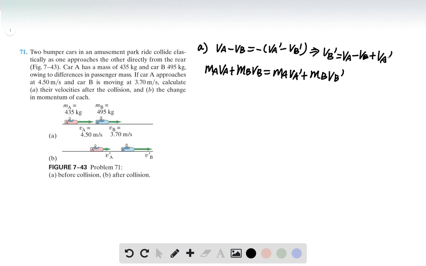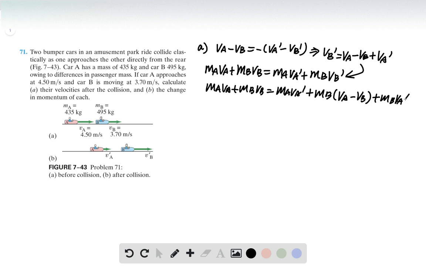And then I will substitute this expression into the second one. So I have MAVA plus MBVB equals MAVA prime plus MB(VA minus VB plus VA prime).